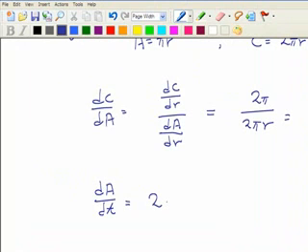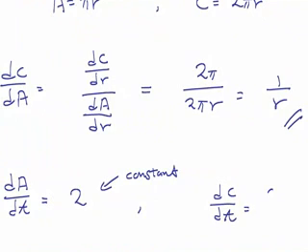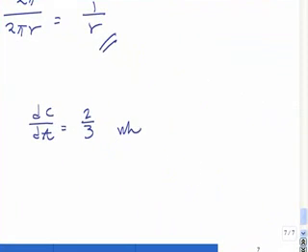And the rate of increase of the circumference is not fixed, but the 2 pi is constant. Take note. The rate of increase of the circumference is 2/3 when R equals K.